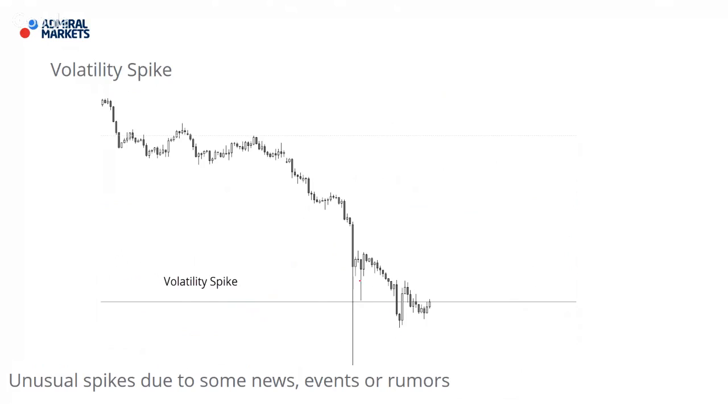So here you see a spike, but before the spike, there was actually a downtrend here, right? So at the current moment, if you see this, and you know that there is some news or maybe some sort of event or rumor, wait. You don't trade. You need to wait.